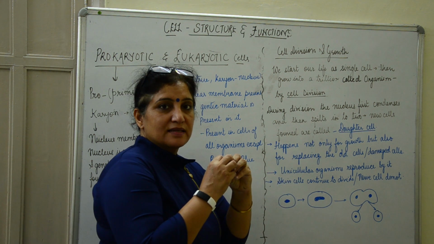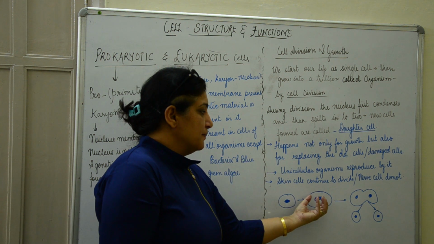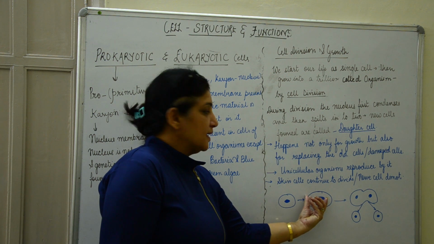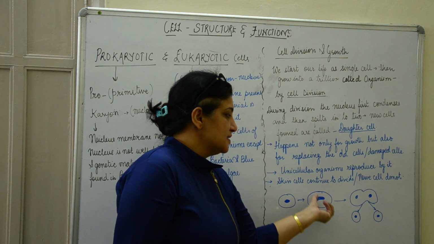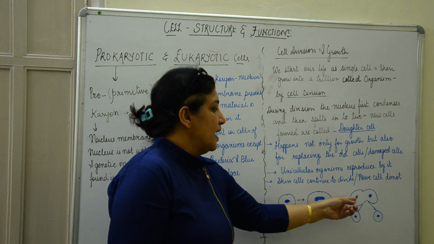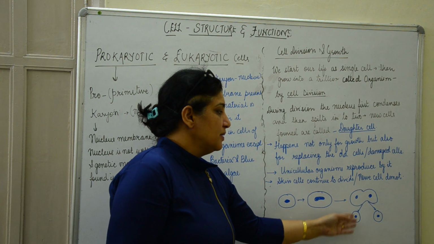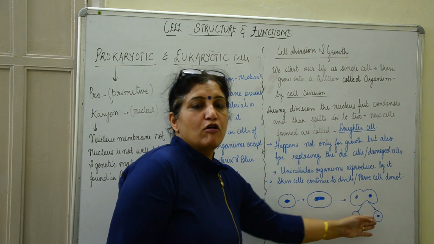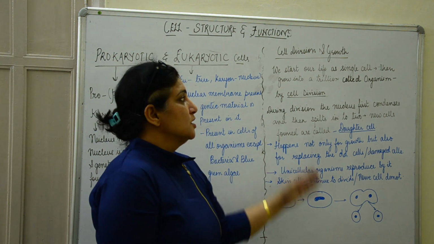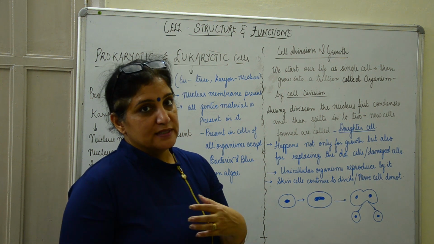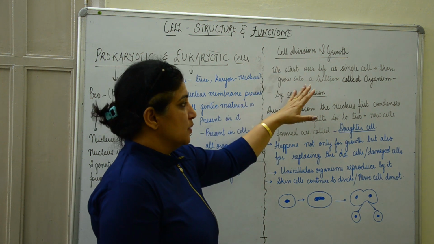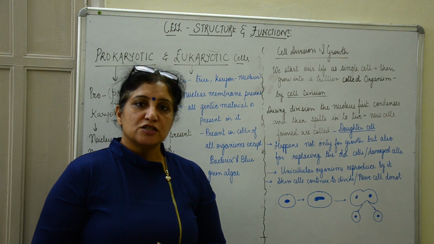Now the nucleus gradually starts expanding, it starts becoming elongated, and after that you can see a cavity or a depression in the cell membrane developing, and two different nuclei are formed, which leads to the formation of two different cells. So this is how we grow in size and in number of cells by cell division, and with this we finish this chapter.